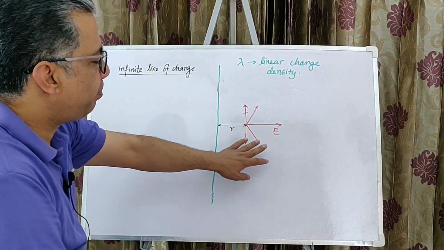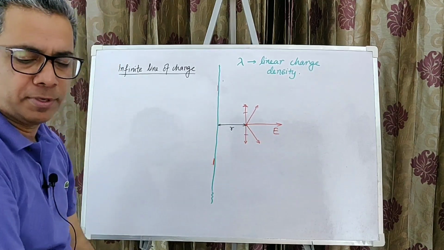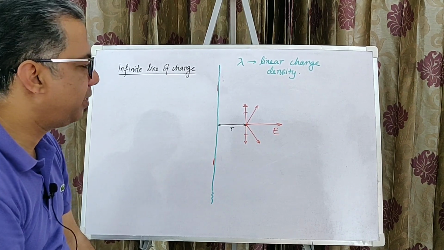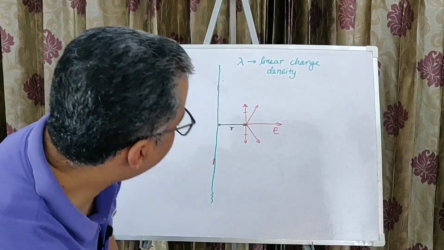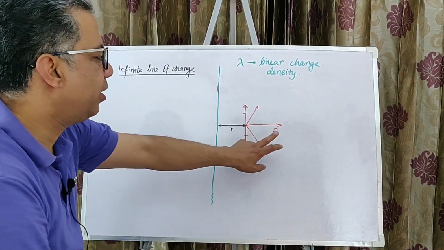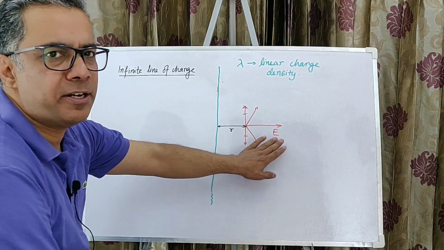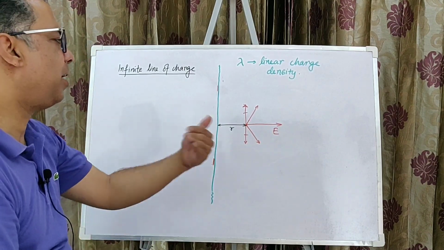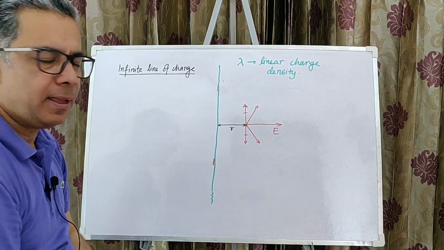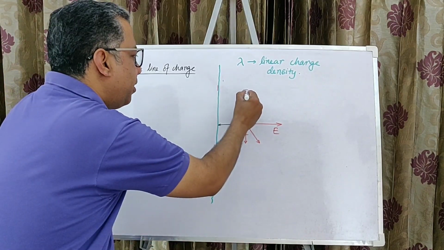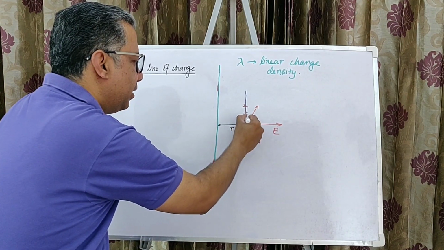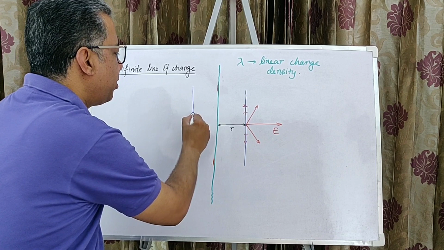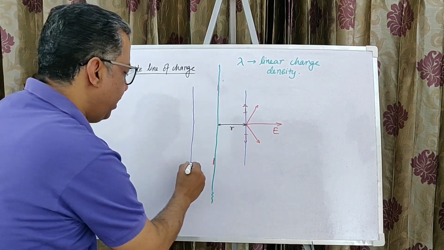Now the next step is to calculate the magnitude of this electric field, and here we'll be using Gauss's theorem. We have to come up with a surface over which this electric field is either normal and constant in magnitude at all points, or it is tangential to the surface. One such simple surface would be a cylinder for which the line of charge here is the axis.